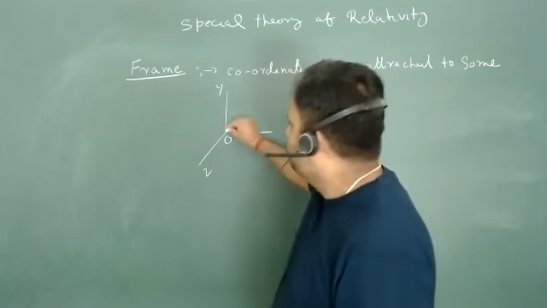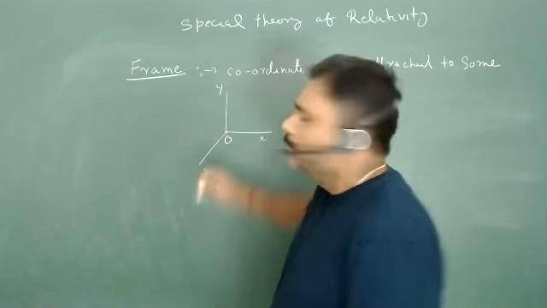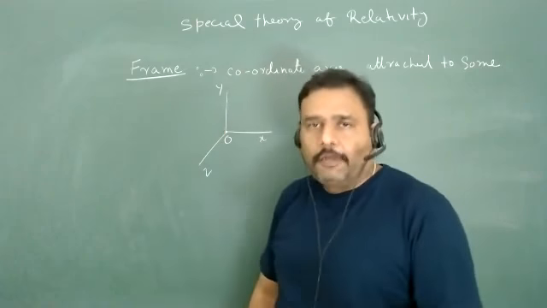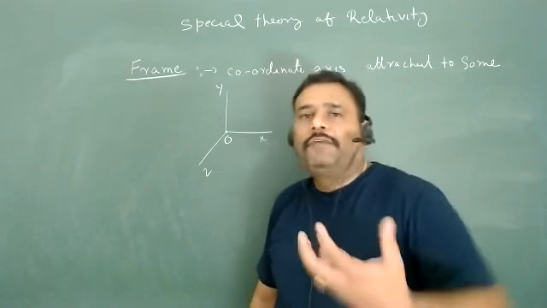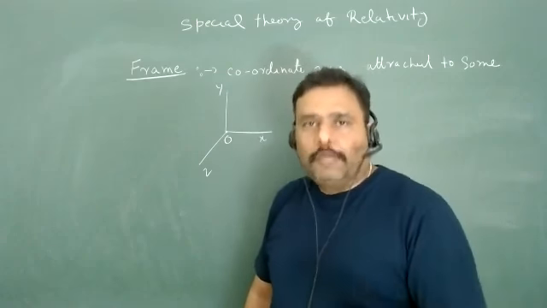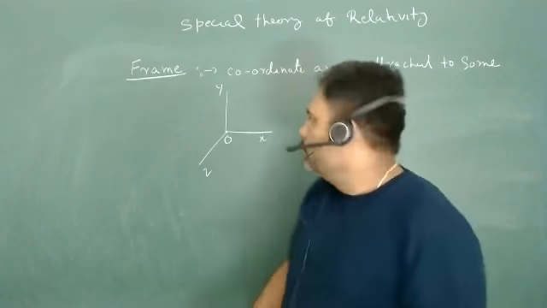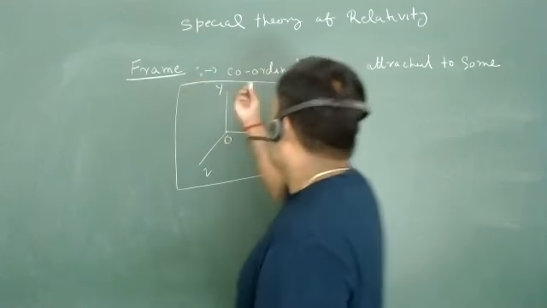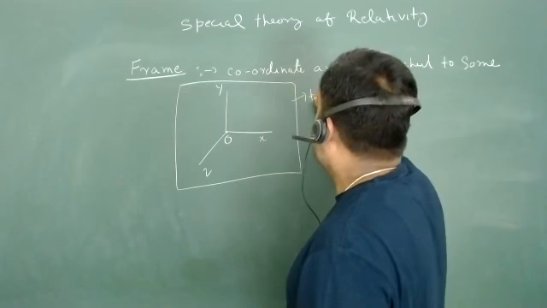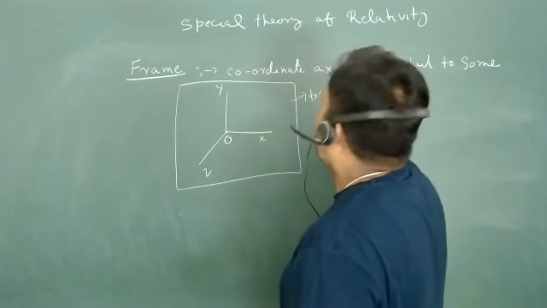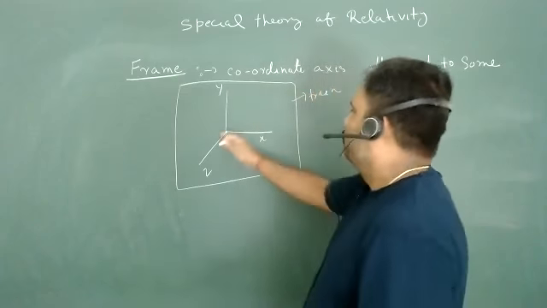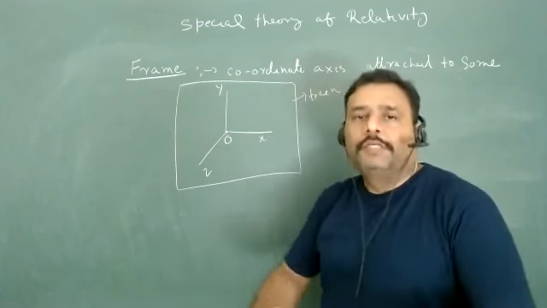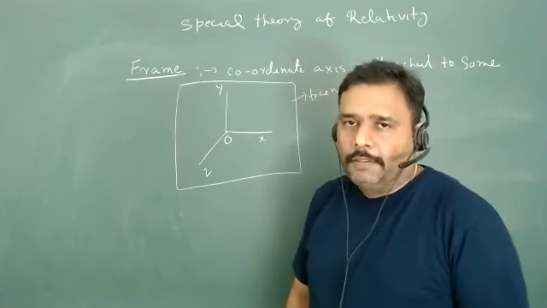So you have to define this point as 0. If you have one coordinate axis attached to frame A, there is one origin attached to it, and suppose this is attached to some train.